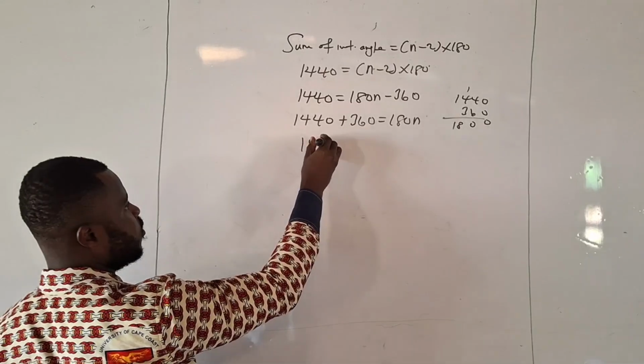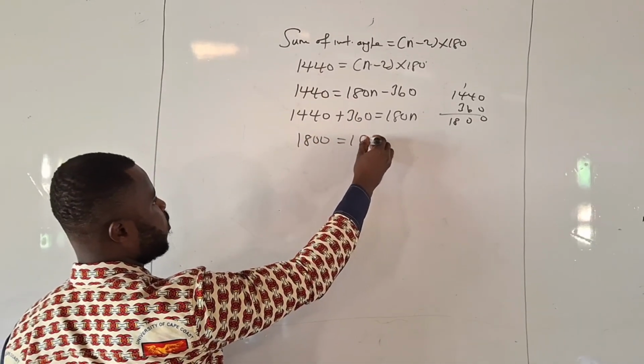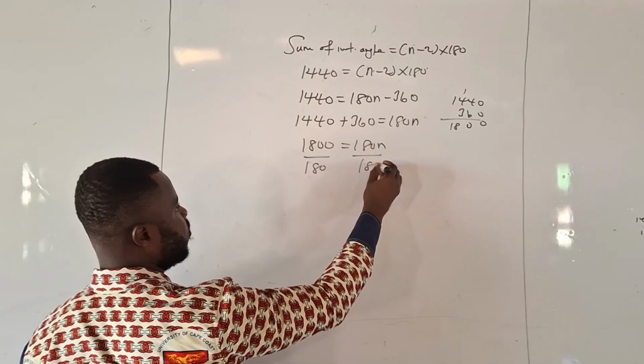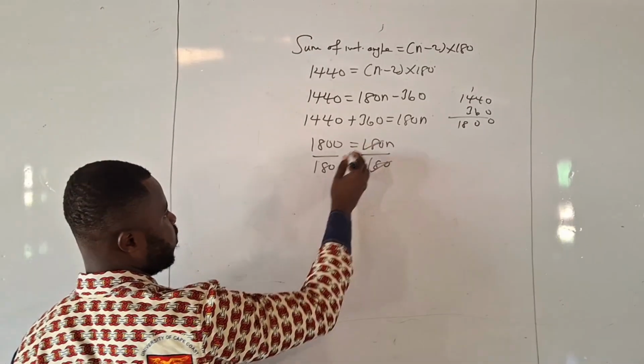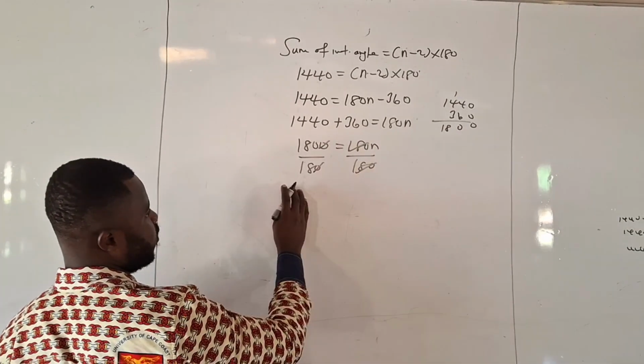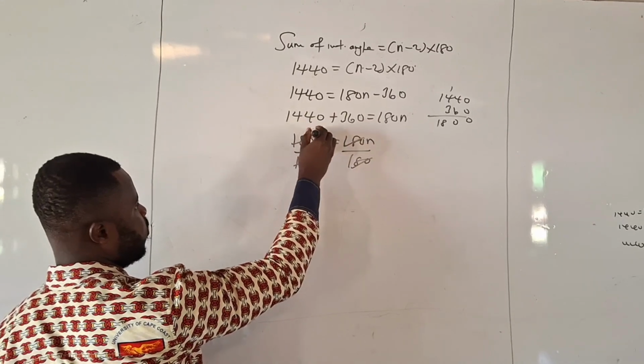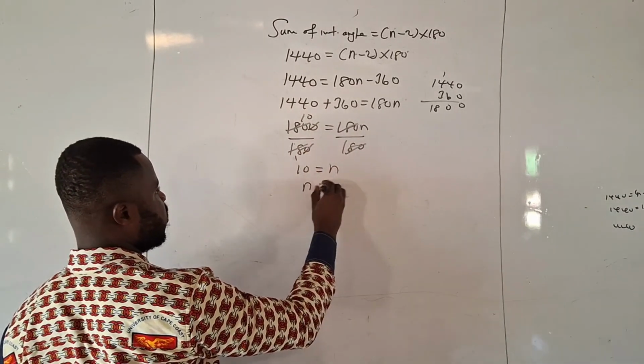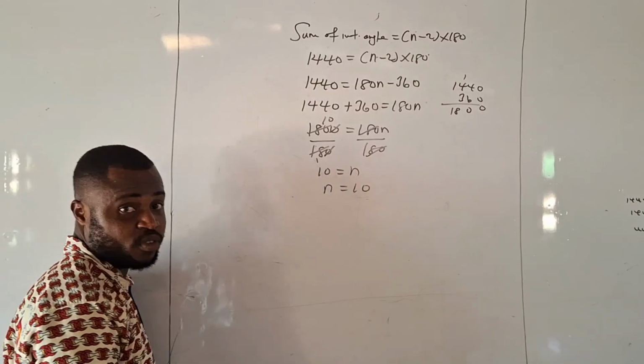So 1800 is equal to 180n. We divide both sides by 180. So this divides this, and this can even divide this 0. 18 divided by 18 is 1, so here will be 10. 10 is equal to n. So n is equal to 10. The number of sides is 10.